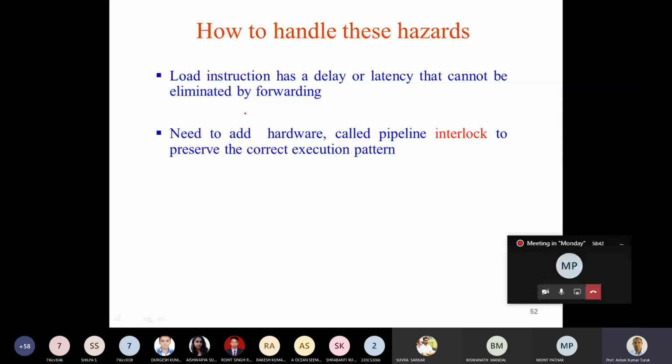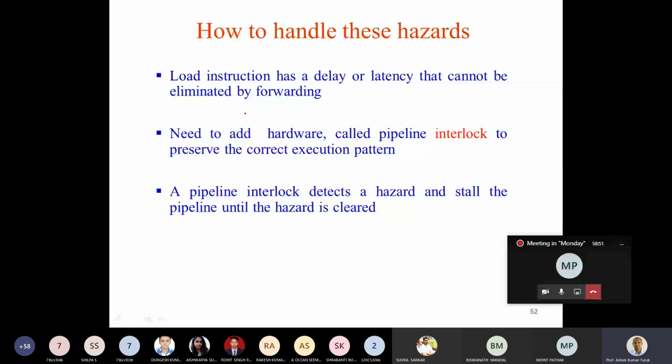The pipeline interlock first detects a hazard and stalls the pipeline until the hazard is clear. The moment it stalls the pipeline, it allows the previous instructions to complete execution and stalls all the instructions for which a conflict has taken place.